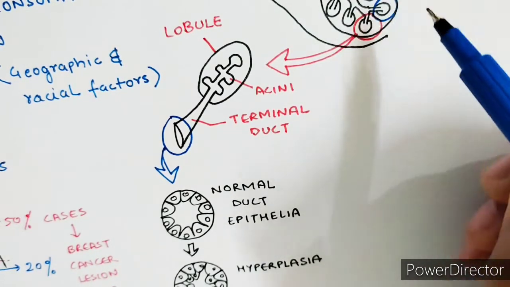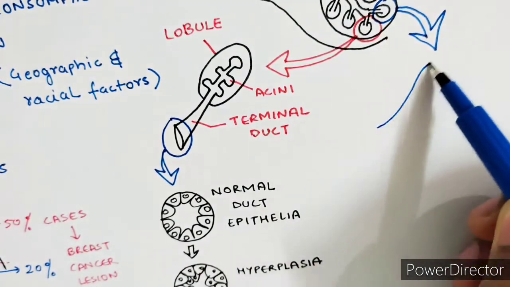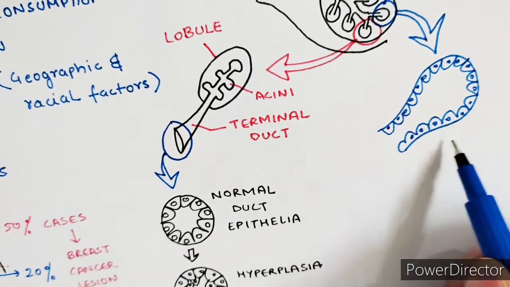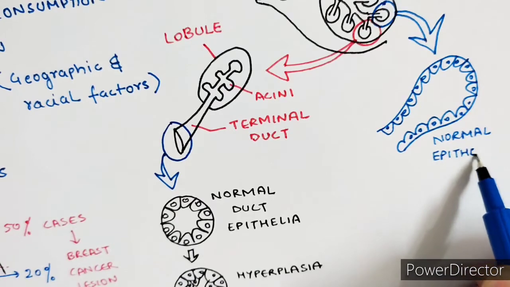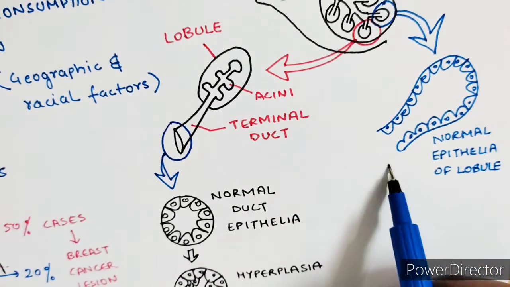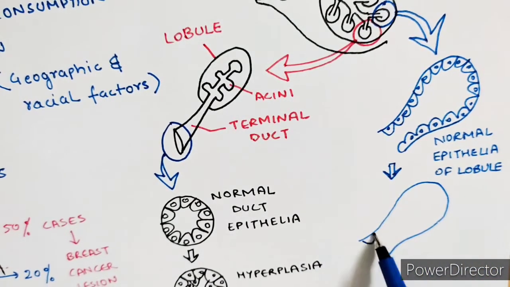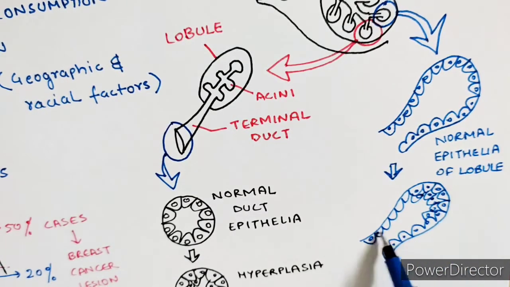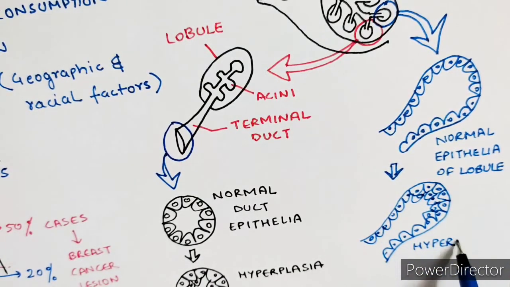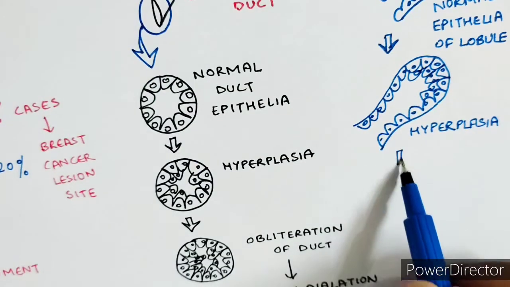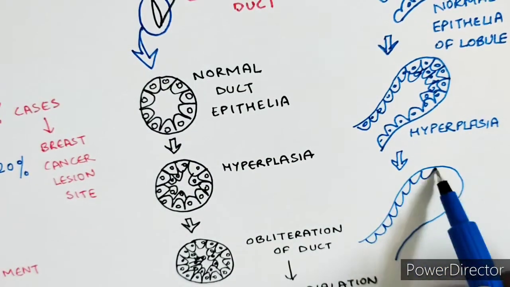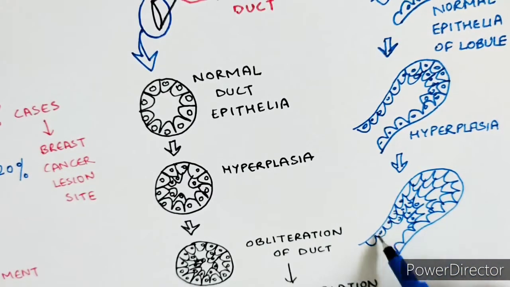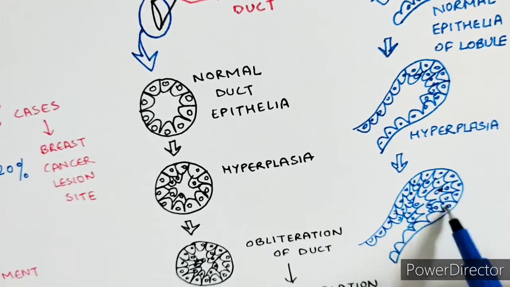Now, in case of breast cancers arising from lobular epithelium, the epithelium of the lobules, that is the glands which produce milk, undergoes hyperplasia, which results into filling of the acini, the ductules, the ducts with tumor cells.